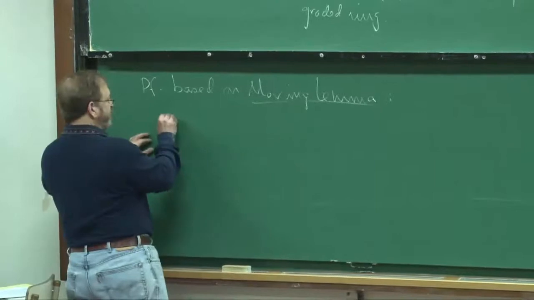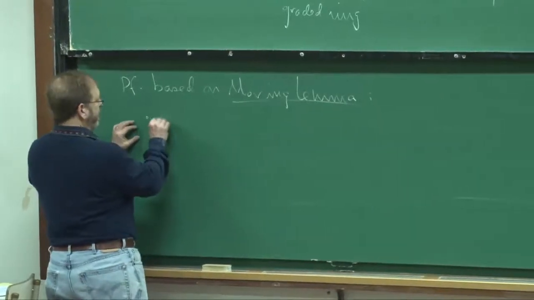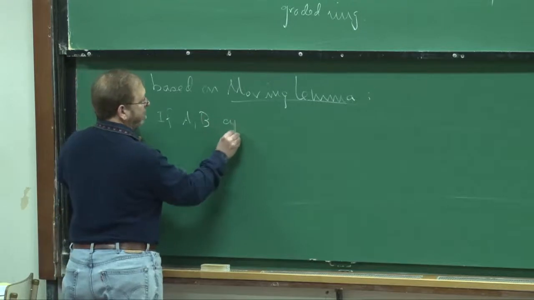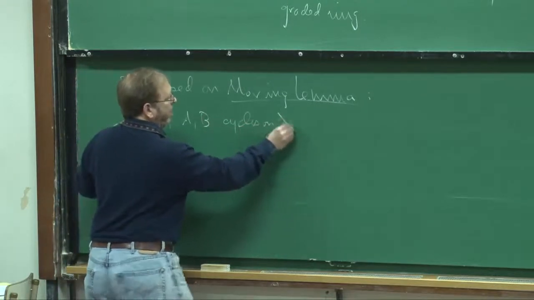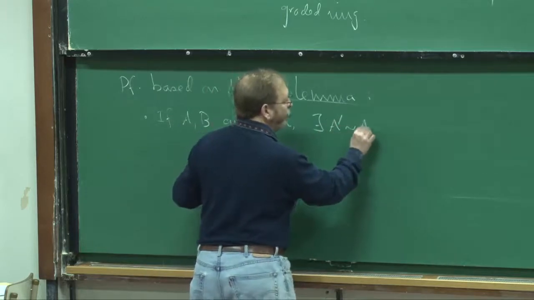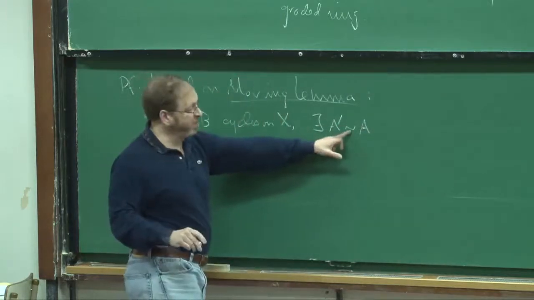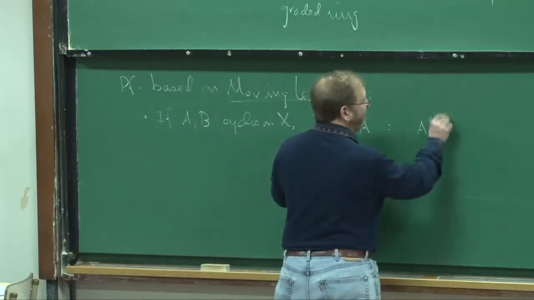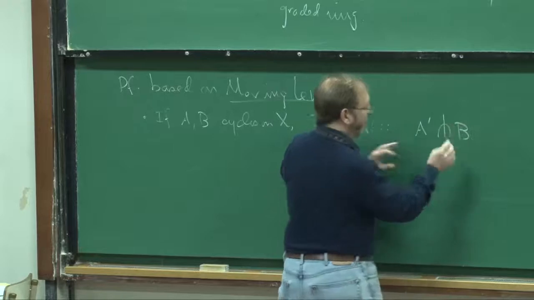So the moving lemma says two things. One is, if A and B are cycles on X, then there exists another cycle A prime rationally equivalent to A. This is going to be the symbol for rational equivalence, such that A prime intersects B generically transversely.